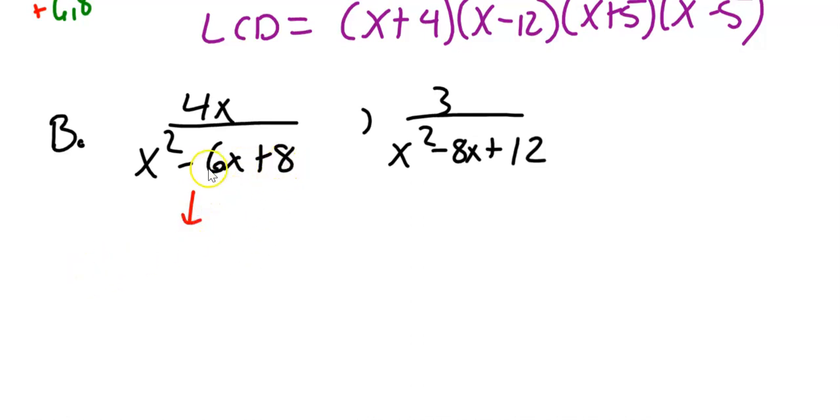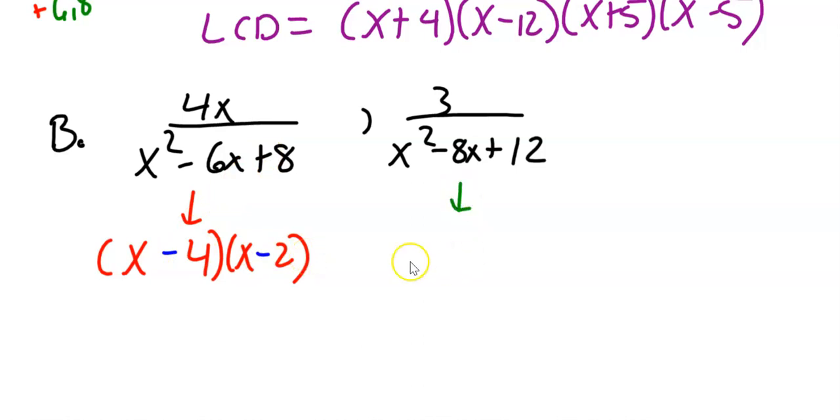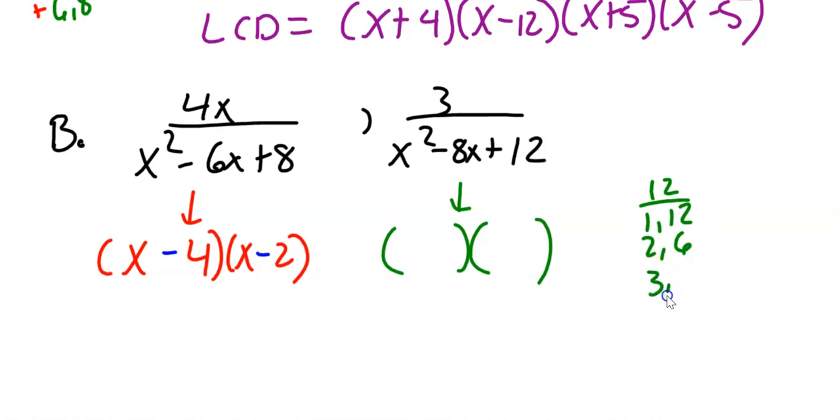The factors of 8 that's going to get you to 6, well, it's not going to be 8 and 1. It's going to have to be 4 and 2. B term is negative, so the bigger number is negative. If you divide a positive 8 by negative 4, that also makes that one a negative 2. Okay, for 12, it's not 1 times 12, 2 times 6, 3 times 4.